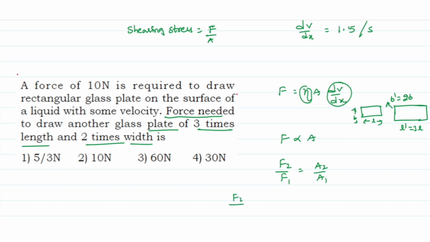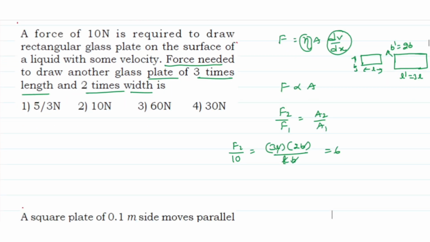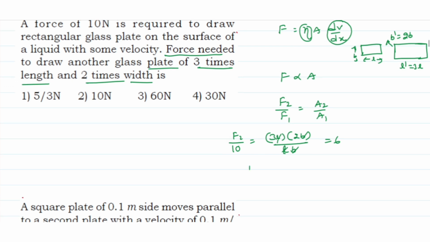F2 by F1 is 10 newtons, which equals A2 by A1, that is 3 times its length and 2 times its breadth, over the initial length L and initial breadth B. L and B get cancelled, and we get 6. So the required force F2 will be 10 into 6 newtons, which is nothing but 60 newtons. This will be the correct answer.